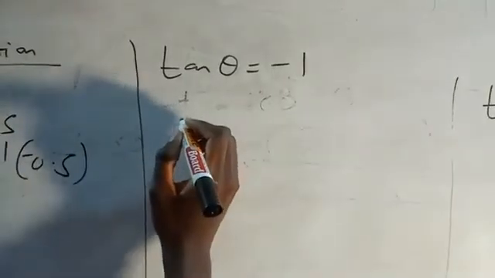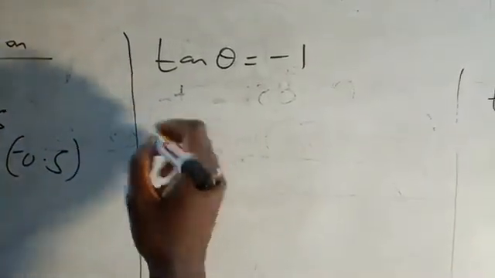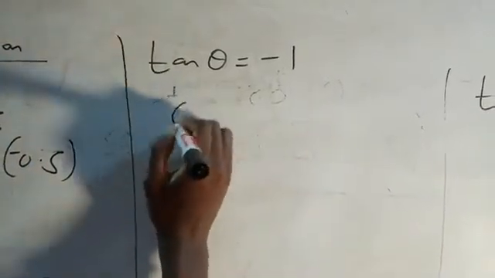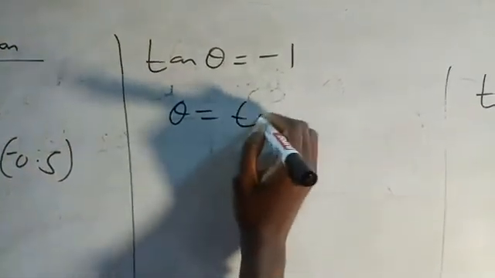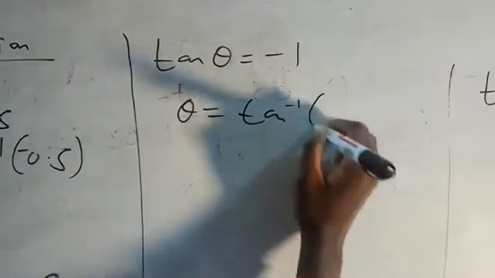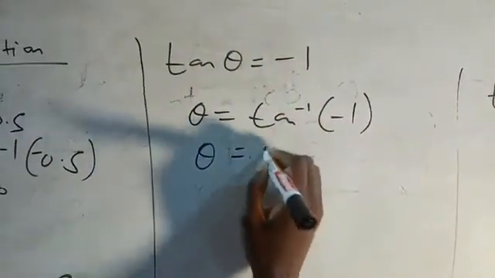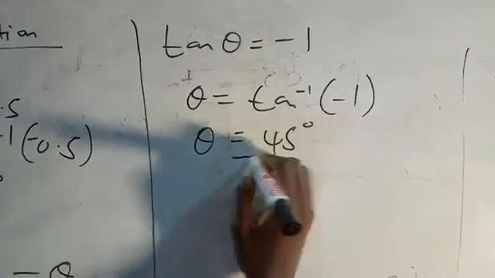Let's find the value of theta, theta becoming tan inverse 1, theta equal to 45 degrees.